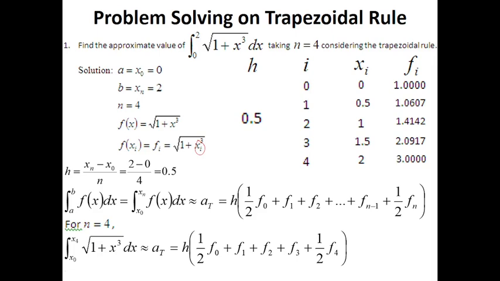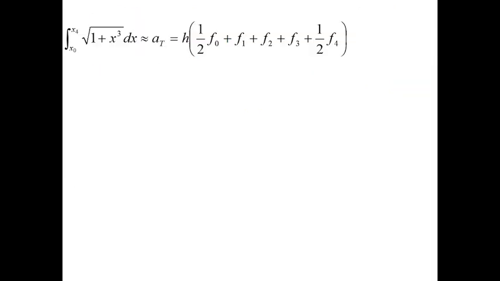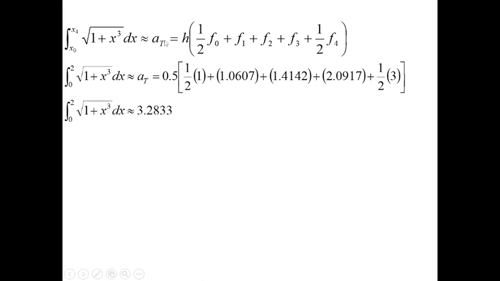Alright, so we continue. So the integral now of this function is approximately equal to, so we substitute 0.5 for h. So f sub 0 is 1, then f sub 1 is 1.0607.